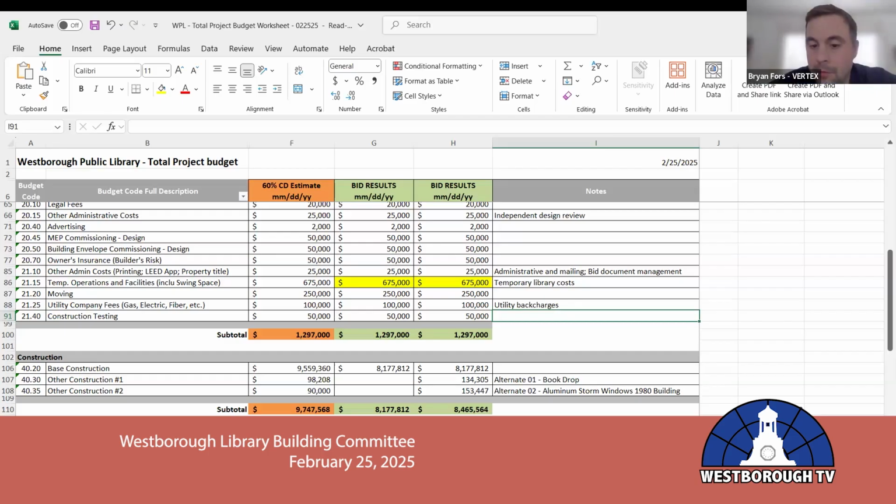Okay, and if there are no other questions for alternate number 2, which we were budgeting $90,000 for, the aluminum storefront storm windows for the 1980s portion of the building, that price did come in at $153,447.